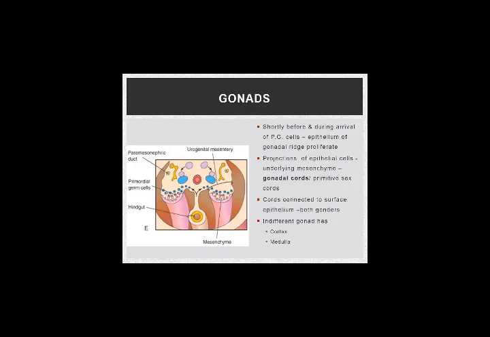Now, with the formation of these primitive sex cords that penetrate into the underlying mesenchyme, the gonad can be divided into this surface part, which is the cortex, and this underlying part, the mesenchyme, that develops into the medulla.